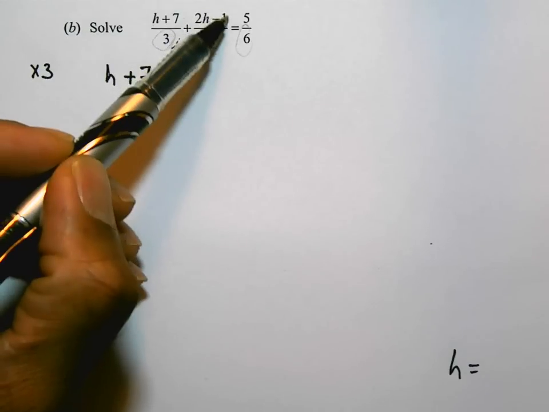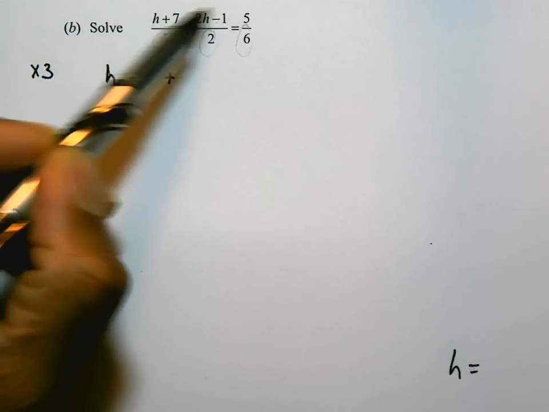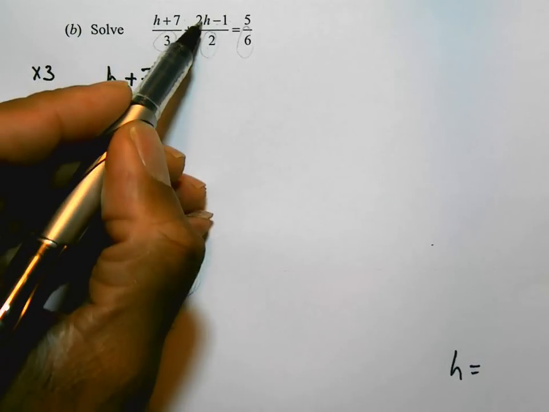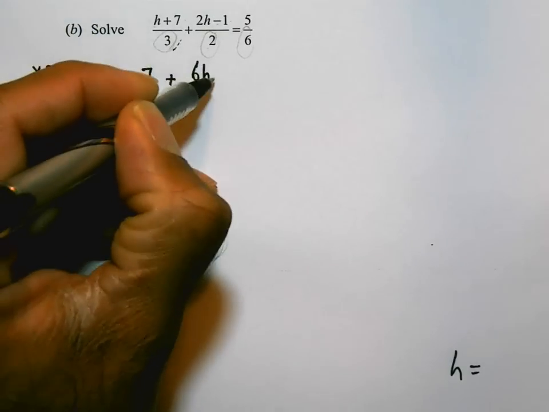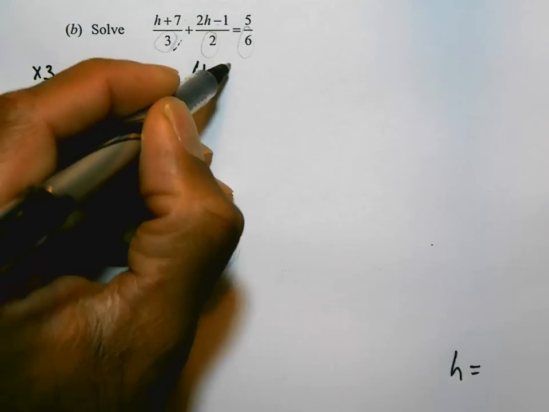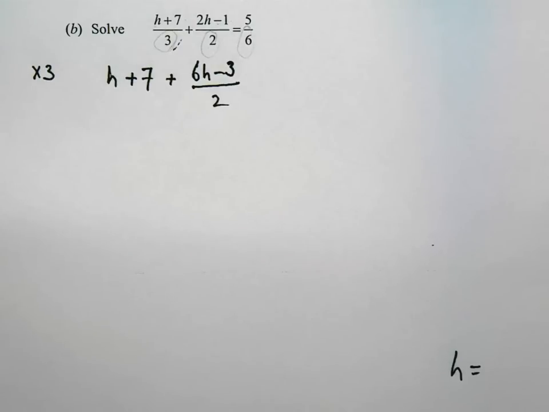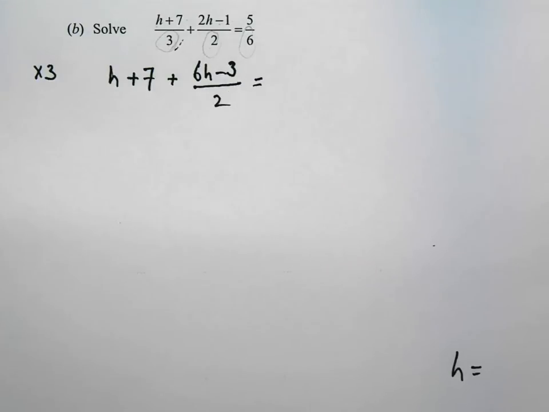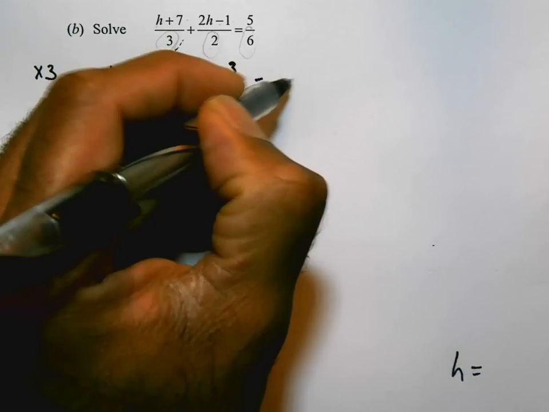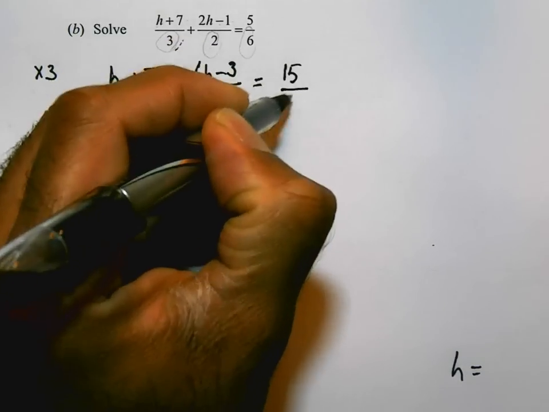I'm going to times all of that by 3. So 2h times 3 is 6h. Minus 1 times 3 is 3. And that's still going to be over 2. It's just the numerator, the bit at the top, that I will be timesing. And I'm doing the same to that fraction there as well. I'll be timesing 5 by 3, which makes 15. And I'll still have over 6.